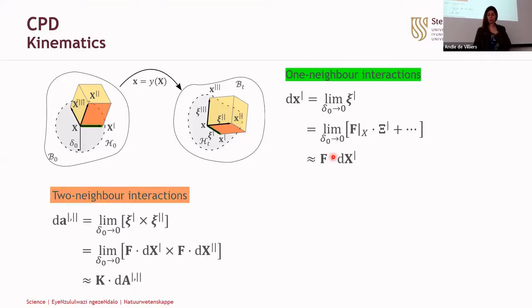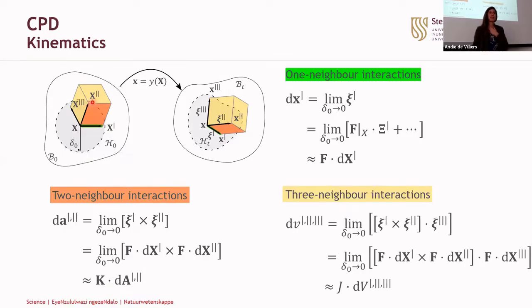The second important deformation measure is the finite area element, and this mimics the cofactor. You can construct it with a cross product of the vectors between two neighbors. And then the third ingredient is one that relates to volume, and this can be constructed by a triple product of the three neighbors. And that mimics the Jacobian determinant.